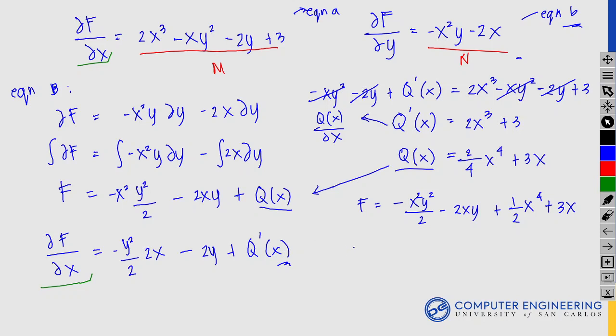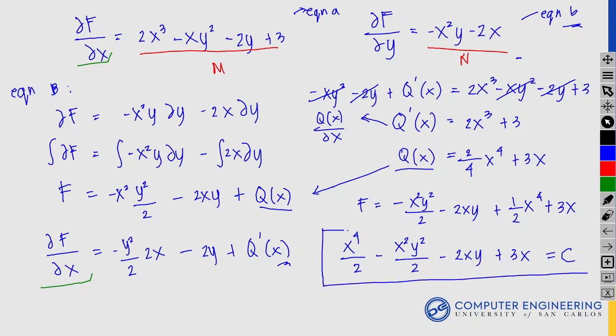This means our answer is x to the 4th over 2 minus x squared y squared over 2 minus 2xy plus 3x equal to C. If you don't like the half here, you can multiply everything by 2.